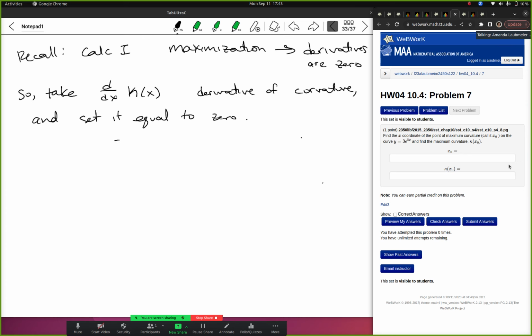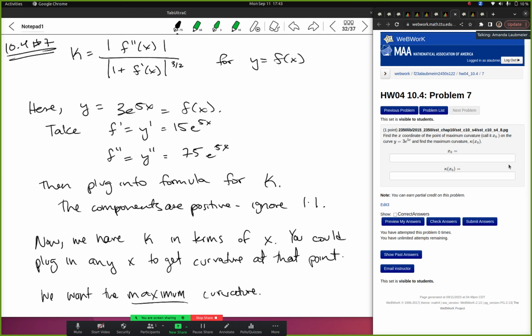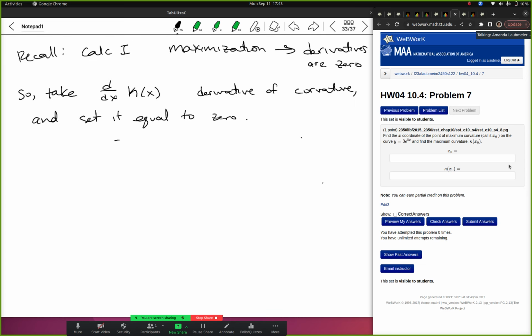So I had 75 and 15. So this is the way that I prefer to take the derivatives as a power rule.